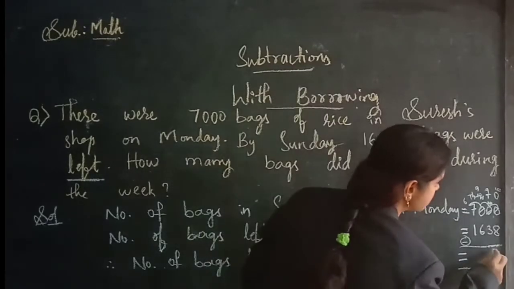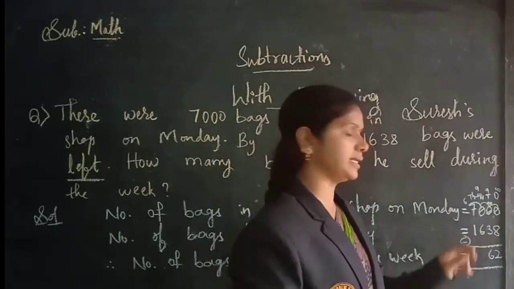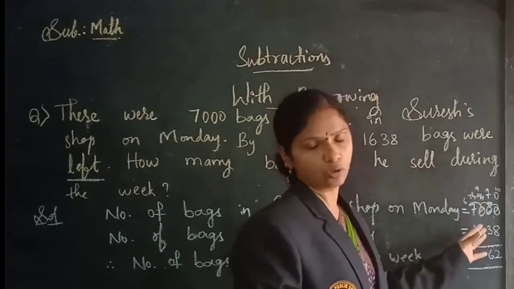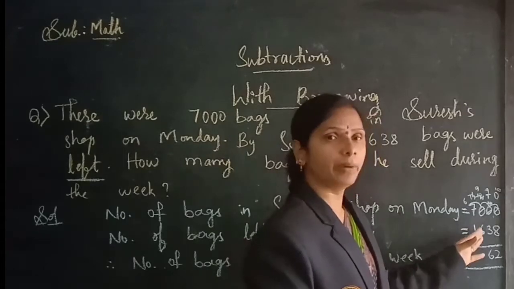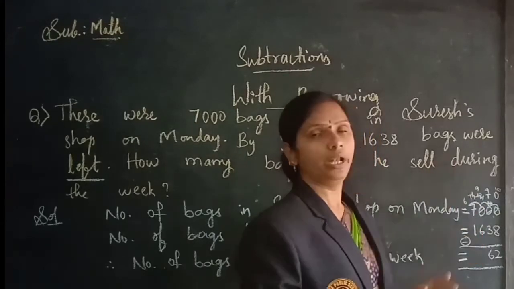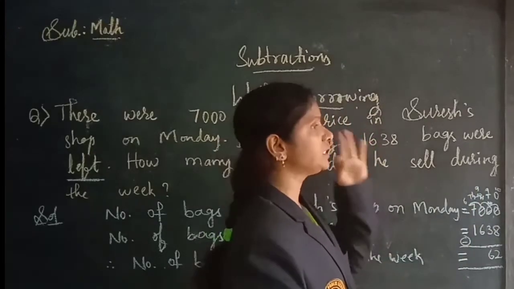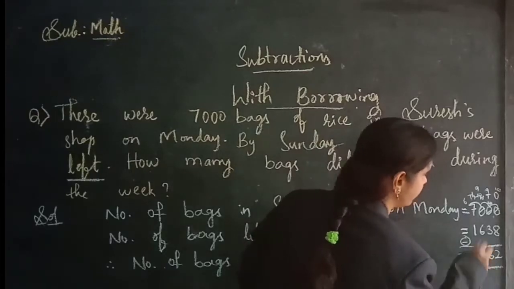So here will be 6. Now 9 minus 6. I can subtract by opening 9 and closing 6, or else I can subtract by moving from 6 to 9. So from 6 to 9 if I move, 7, 8, 9. So 3 numbers. So I am writing 3 here.